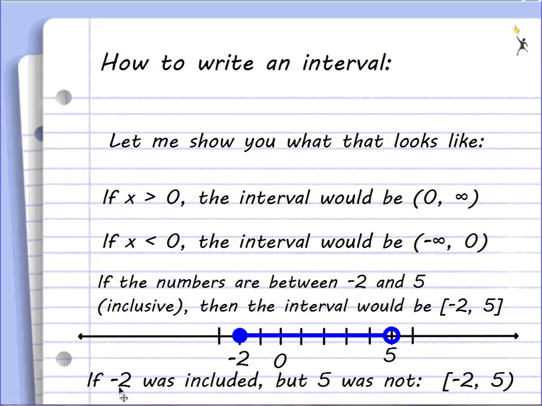Just a side note, if -2 was included and has a solid dot, but 5 had an open dot, so it's not included in our range of values, we would use a square bracket on the -2 and a round bracket on the +5. That's an instance where we would have mixed brackets.